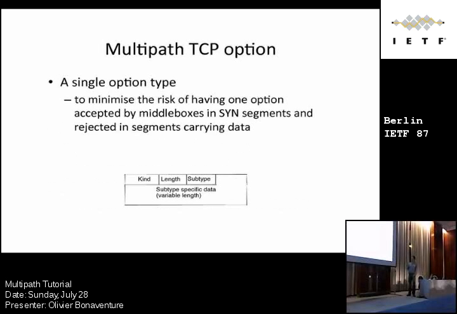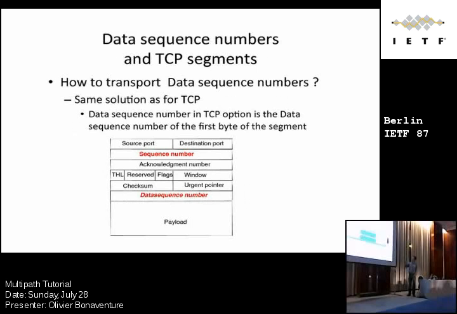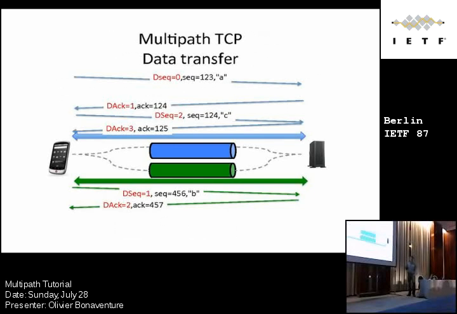So how do we transport the data sequence numbers? We have the TCP segment, the classical TCP header, and we will put the data sequence number inside a TCP option. So how do we do that? I'm sending a data sequence number, and I get the data acknowledgement, so I could put them as a TCP option.